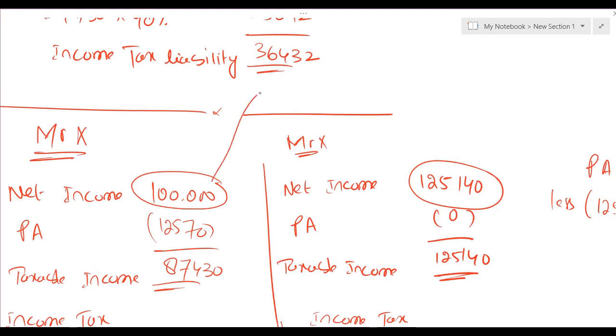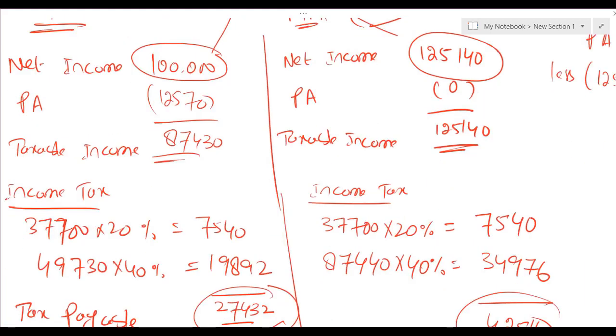So logically the difference in the income is 25,140. Mr. X, who is not contributing in PPC, has an additional income of 25,140 compared with the previous income of 1 lakh.